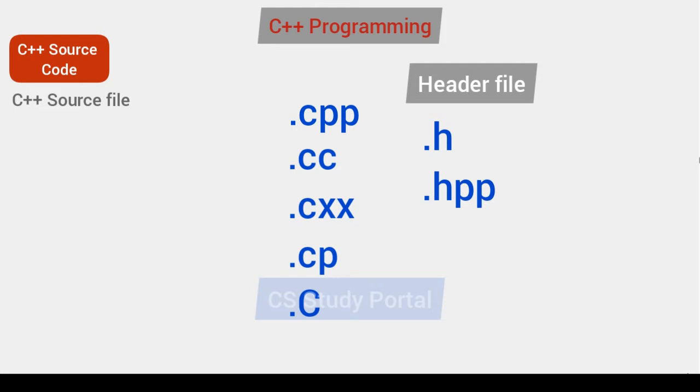But if you really want to tell the difference between a header file from the C++ programming language and a header file from the C programming language just by looking at the extension, then you should use the .hpp extension, because it will differentiate it from the C header files.